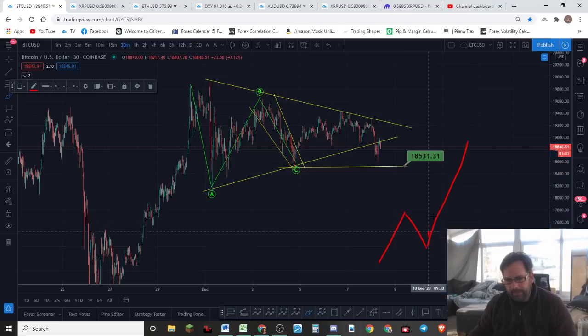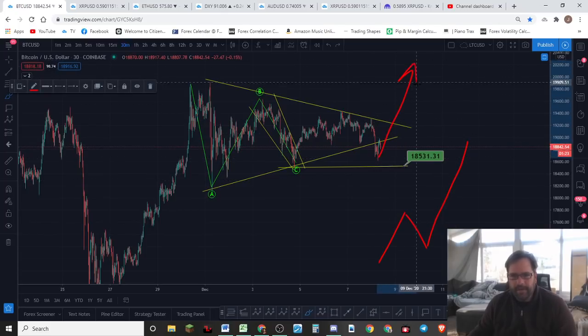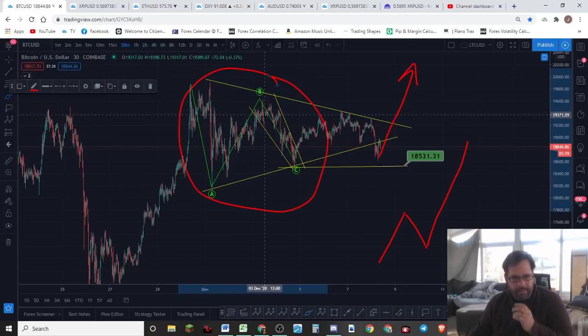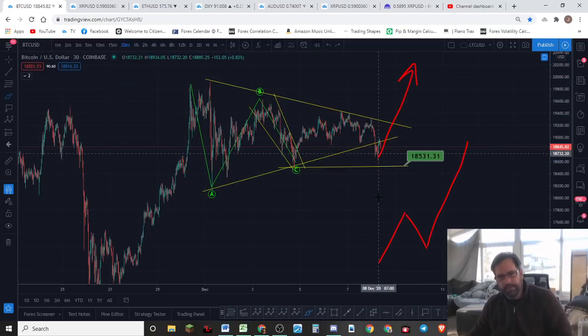Now it doesn't go straight up; it goes in sub waves as it goes up. But the point is that the next move is this way. If this is correct, so this is an if-then statement: if this is the count and this is the formation we're seeing, then this. So there's count number 1 for you.